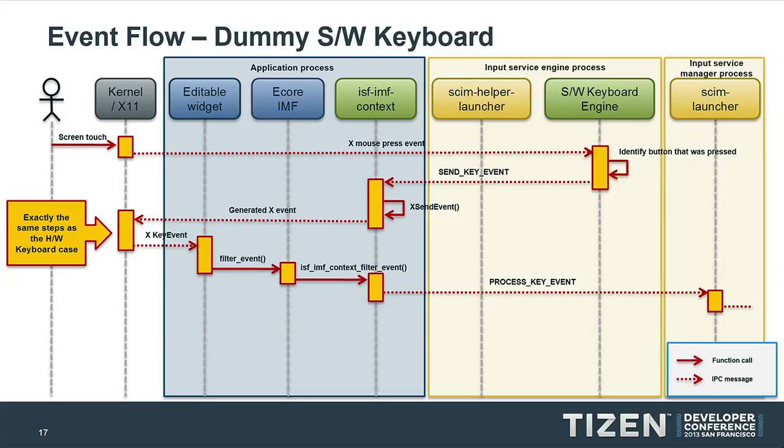So from this stage, it just works as if an actual hardware key event was generated. So the message will be just delivered to the input service manager process, and a hardware keyboard engine will just process that fake hardware key event. So in this case, the software keyboard is delegating the task for handling those kind of events to the hardware keyboard engine.